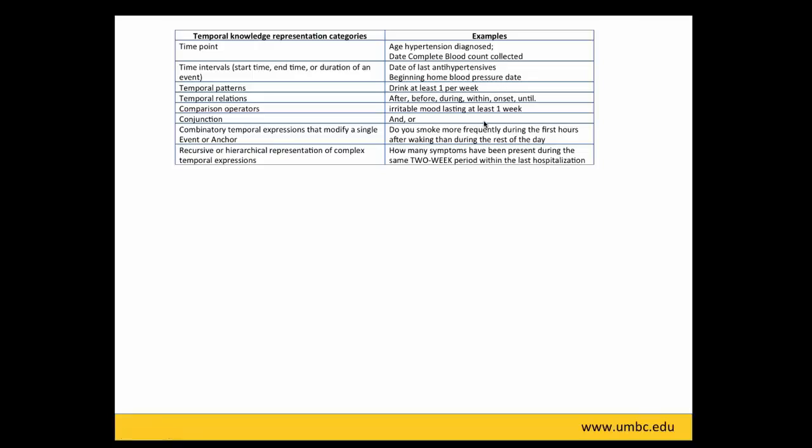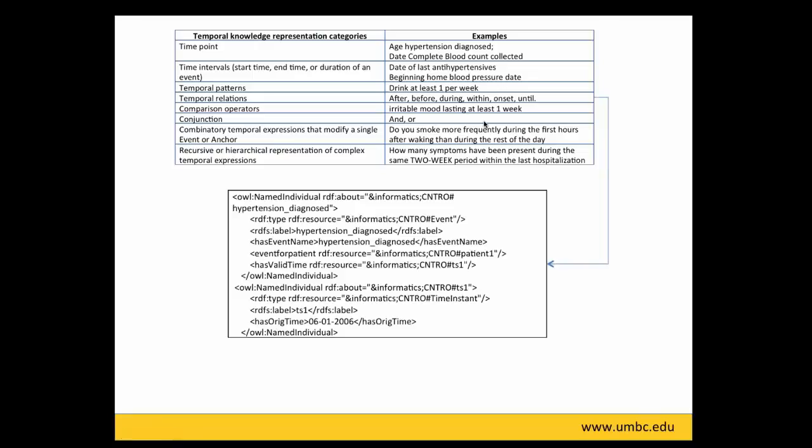Once we have that, we can incorporate some domain ontology, especially the temporal ontology, to represent or capture such temporal information in a meaningful way. So this is the ontology being used to represent such information.